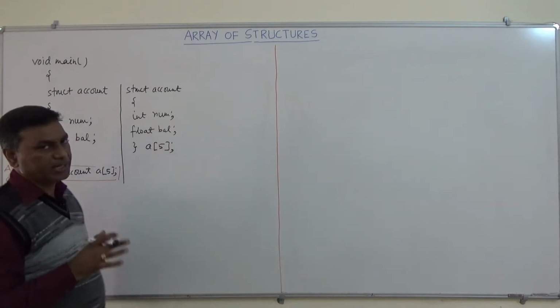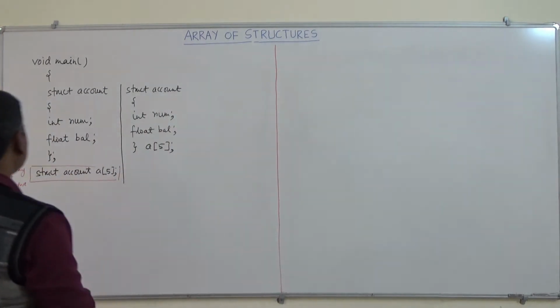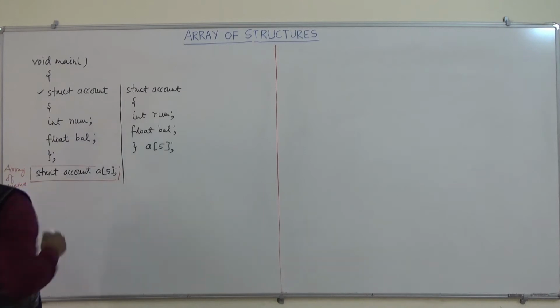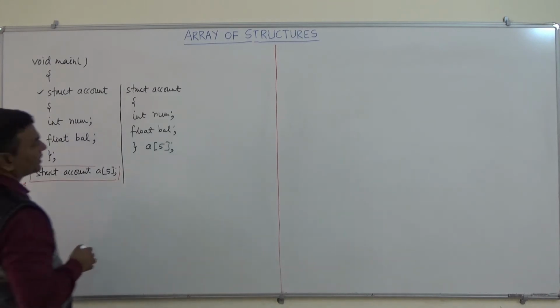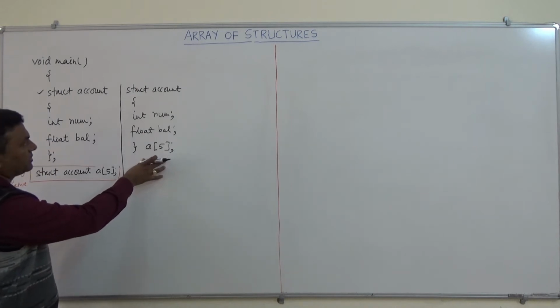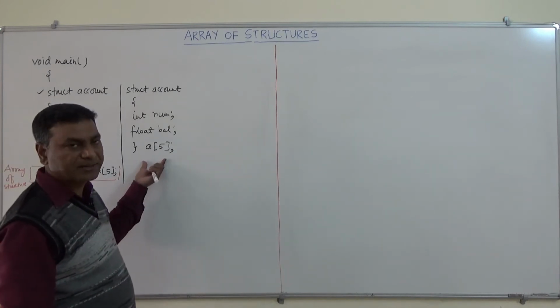So this is also correct. If we compile it, this is also correct. We can say this is the first way of declaring the structure, and this is the second way. Here we can directly take the array of this structure. Here the size of this array is 5.